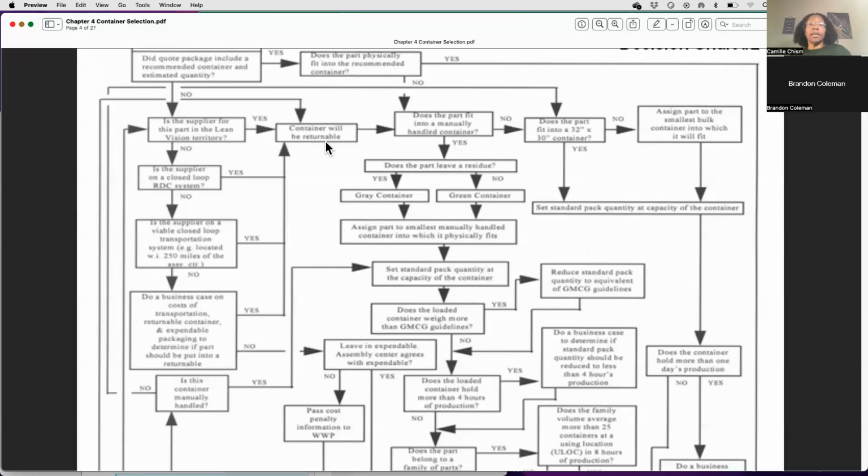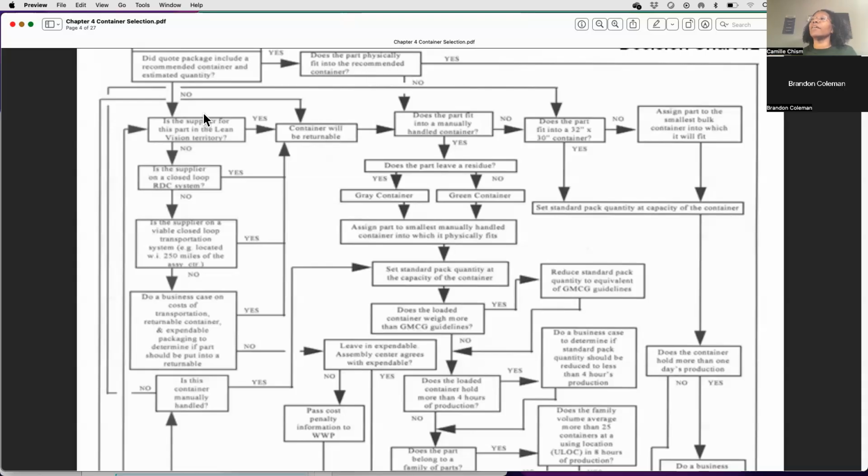Okay, that's another thing I mentioned before. If they've quoted this expendable pack in the quote package, and you answer no, then, oh, wait a minute. Okay, so if it recommended a container and it's good, and you say yes, does it fit into the recommended container?